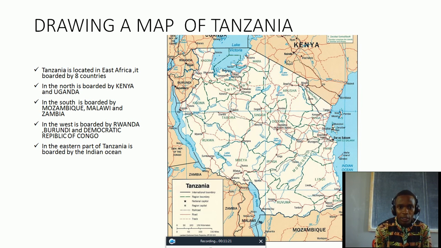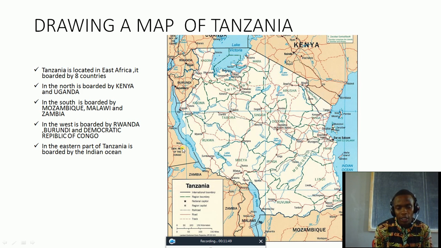In the north it is bordered by Kenya and Uganda. You see there in the map, where there is Kenya there is Uganda in the north part. But in the south, Tanzania is bordered by Mozambique, Zambia, and Malawi.